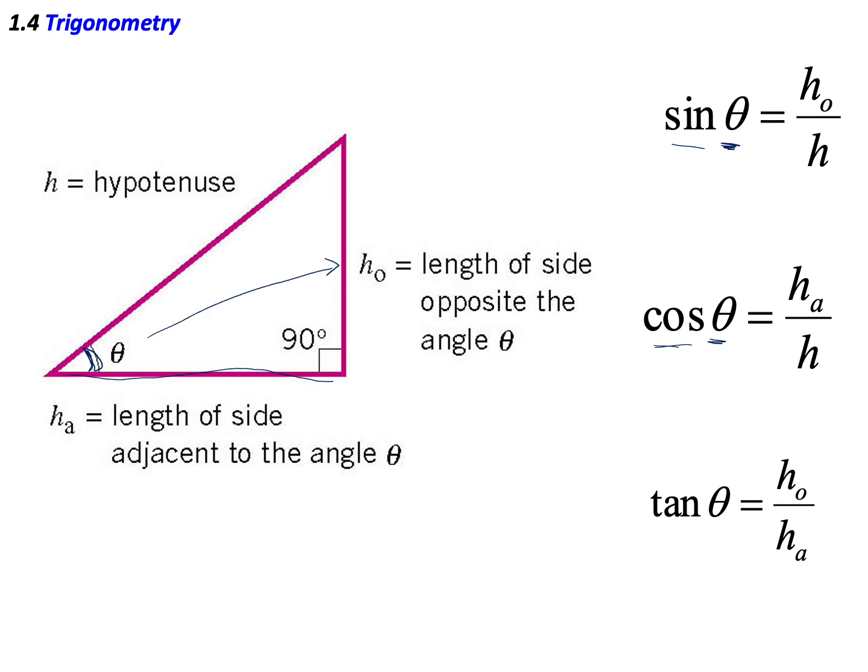Tan of theta means, again for angle theta, the length of the opposite side divided by the length of the adjacent side.